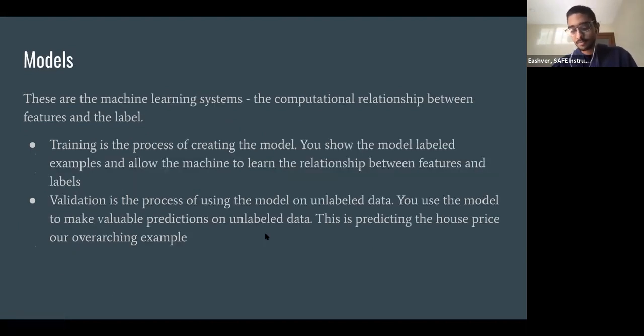And that's the big thing: what's a model? Remember, that's the computational relationship between features and the label. Training is what we consider creating the model, and then validation is using the model on never-before-seen data, or making predictions.